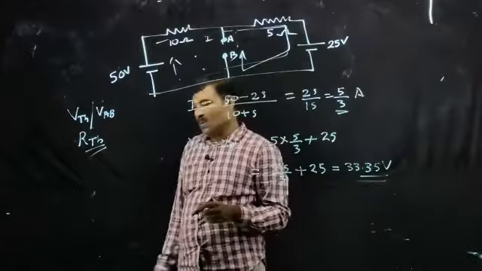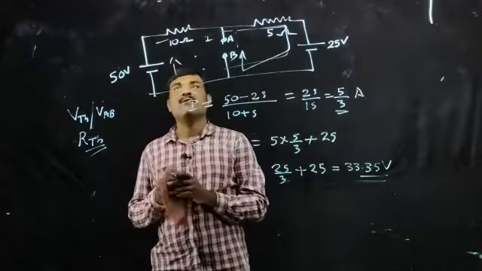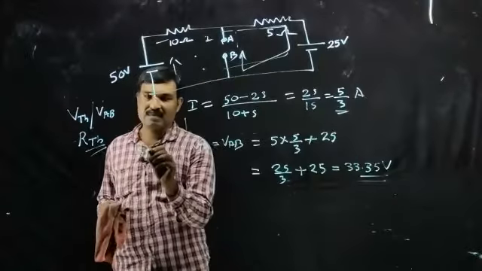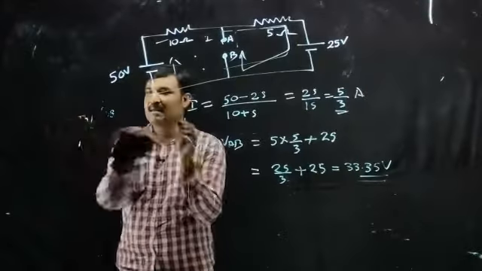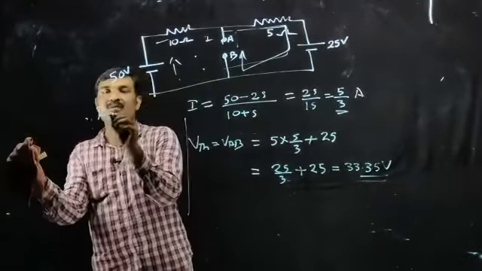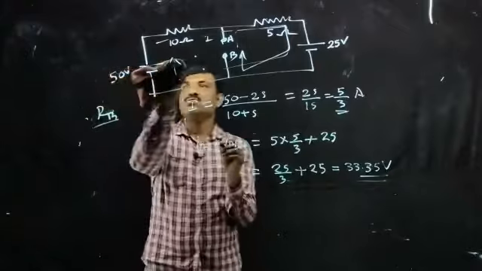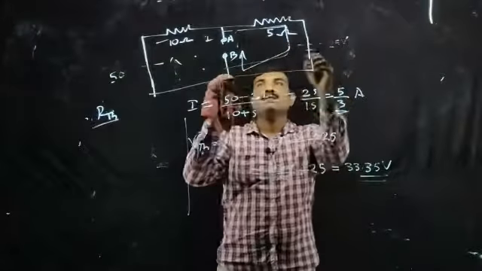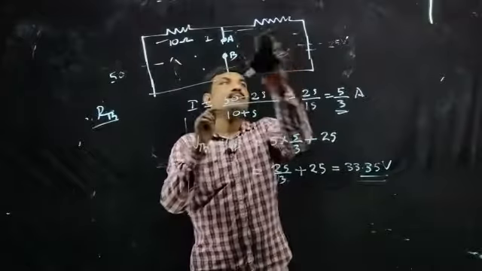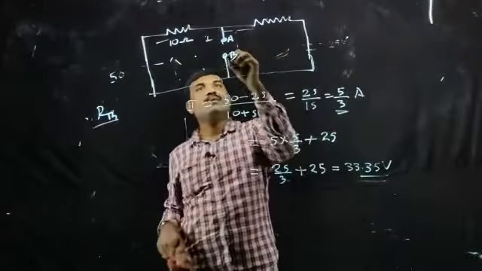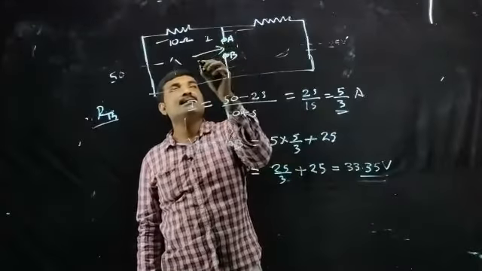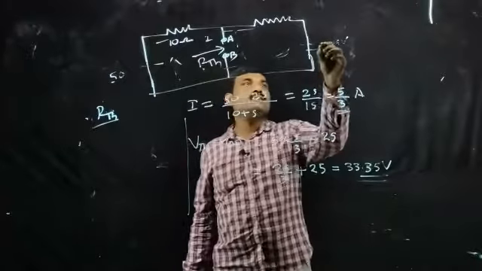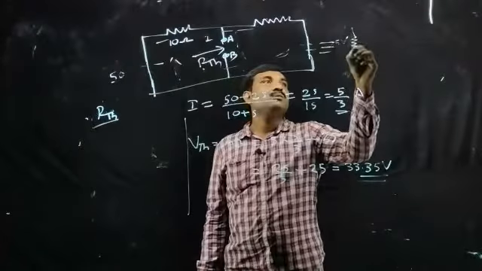Right. Now, we want to determine the value of RTH. We got VTH. Now, what is RTH? For determining RTH, what we have to do? We have voltage sources. So, first short circuit this voltage source, and also short circuit this voltage source. So this is our equivalent circuit, and we are seeing RTH from this terminal AB.